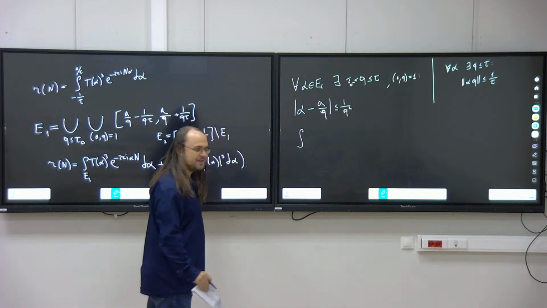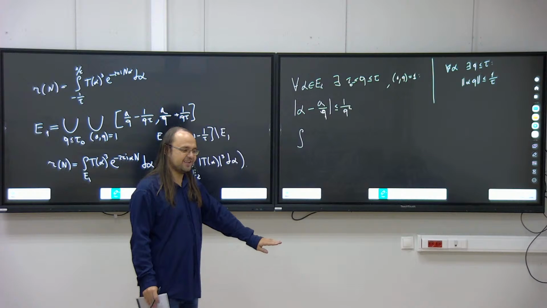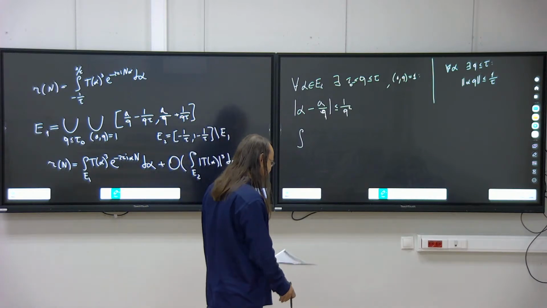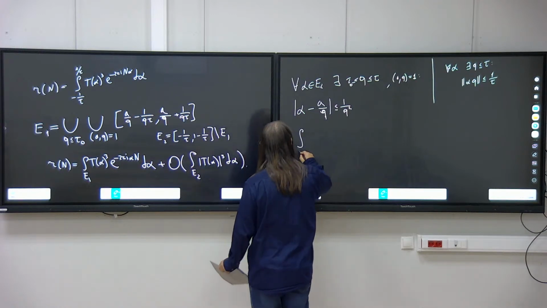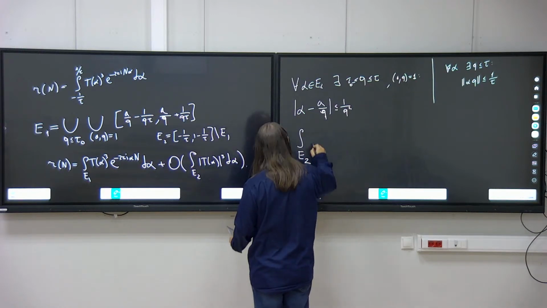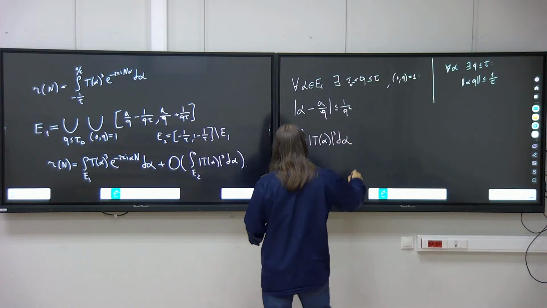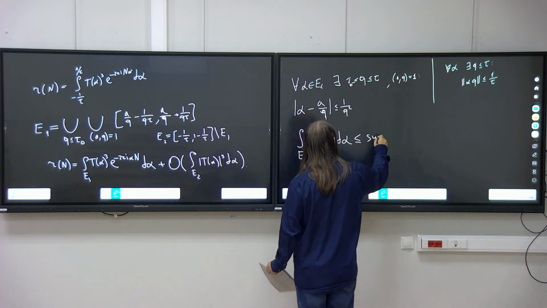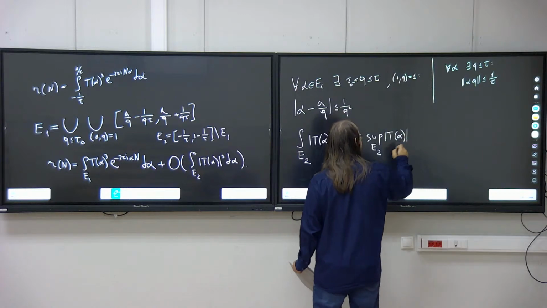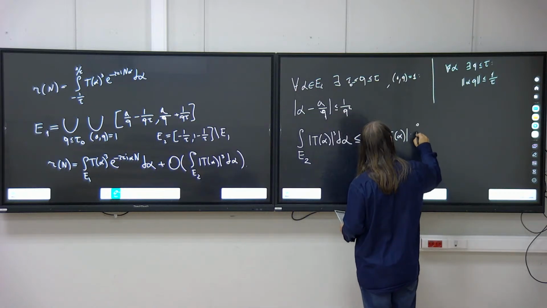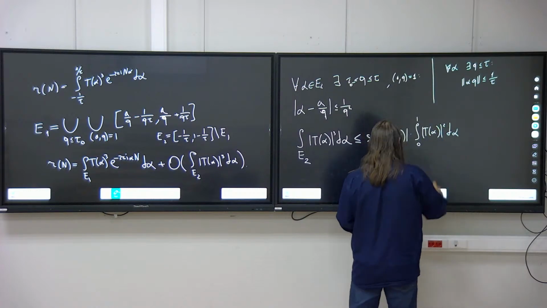We are going to estimate this integral very fast. We are just going to use our theorem about linear exponential sums. So the integral over E2 of t of alpha cubed d alpha is at most the supremum over E2 of t of alpha multiplied by the integral from 0 to 1 of t of alpha squared d alpha.